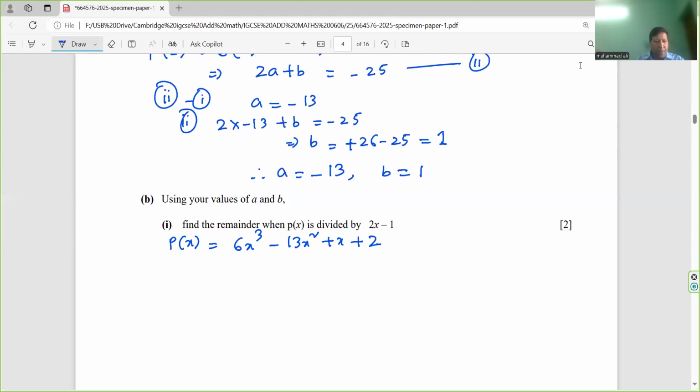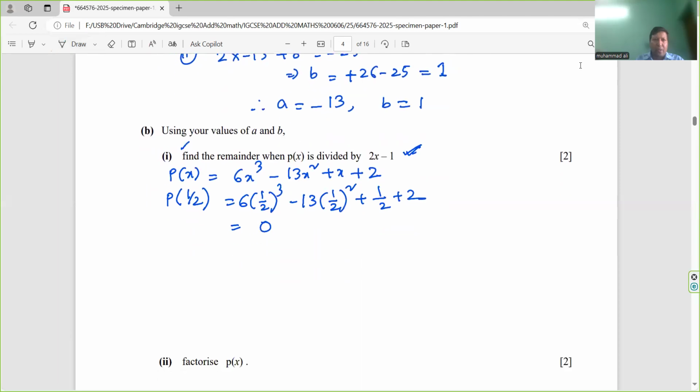Now find the remainder when p(x) is divided by 2x minus 1. So instead of x, we have to put 1 by 2. So 6 (1 by 2) cubed minus 13 (1 by 2) squared plus 1 by 2 plus 2. If we simplify, we will get remainder 0. So when the remainder is 0, that means 2x minus 1 is also a factor.